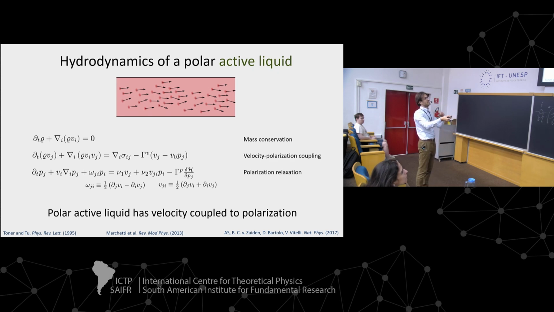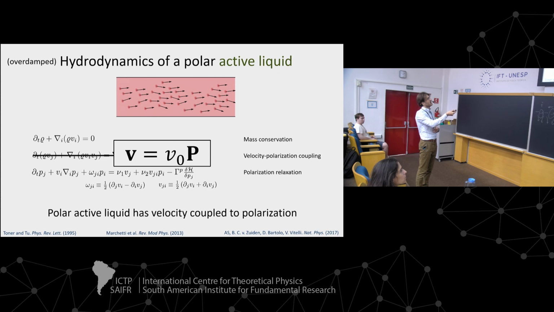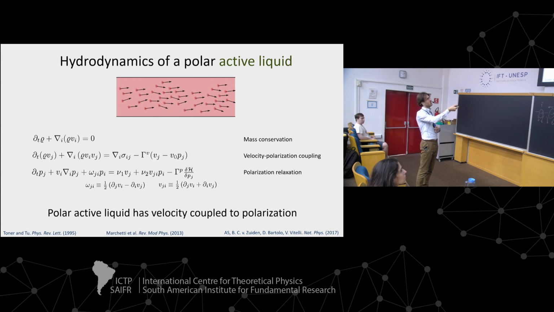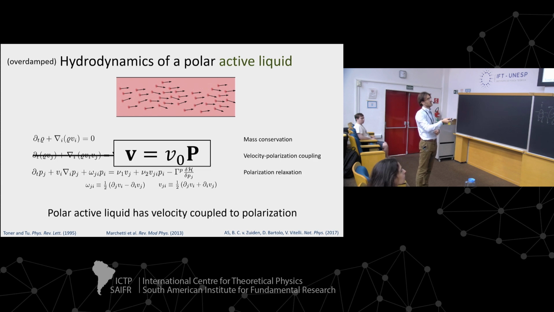So this is taking the over-damped limit, or the non-inertial limit, in a more systematic way. I'm saying I'll start with having both the velocity and polarization, but I'm going to go into the limit where, when this term is much larger than all of the other terms, this equation just tells you that the velocity and the polarization will be aligned.